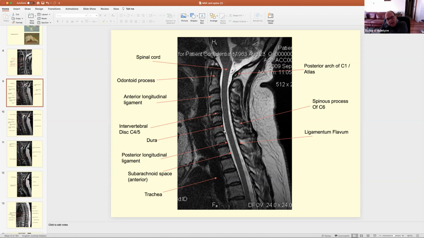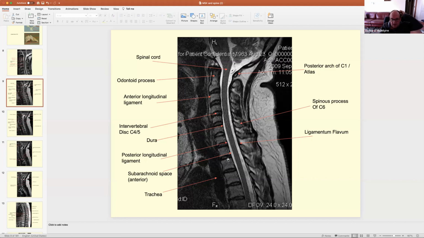It's not anterior and posterior to the spinal cord, it's anterior and posterior to the vertebral canal. A lot of people get those confused. Intervertebral disc, so we've got the disc space there, C4, 5. So we've got 2, 3, 3, 4, and then of course 4, 5. You know that from x-rays.